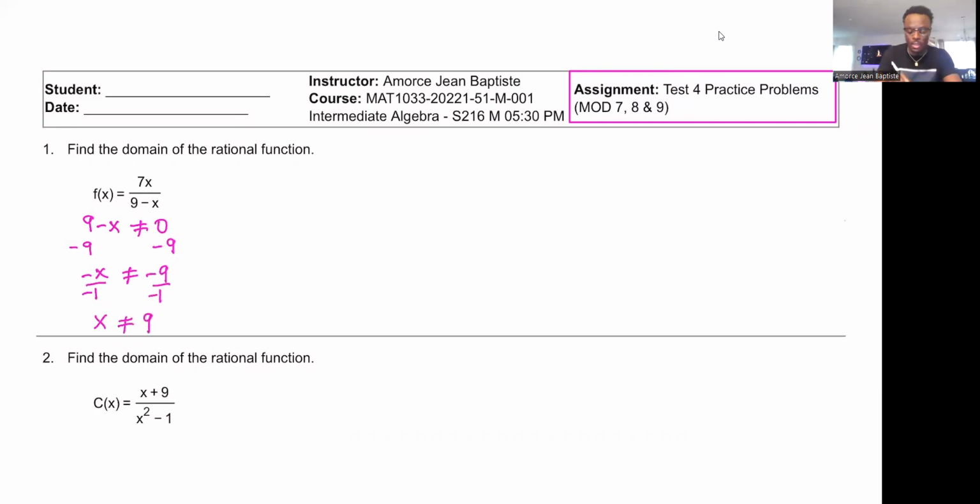So 2 ways to give your solution, but I just want one of them, which is the interval notation. So I want interval notation. So the domain is all real numbers except 9.